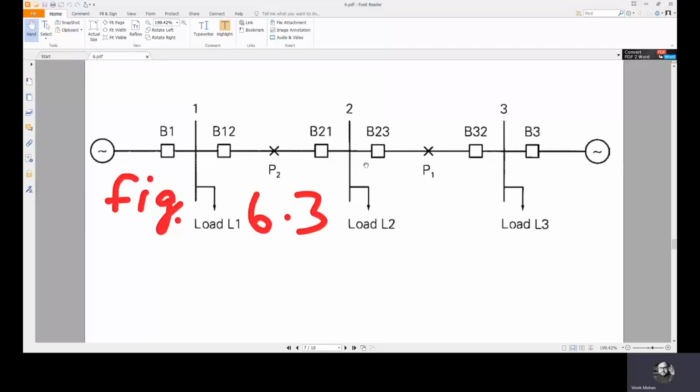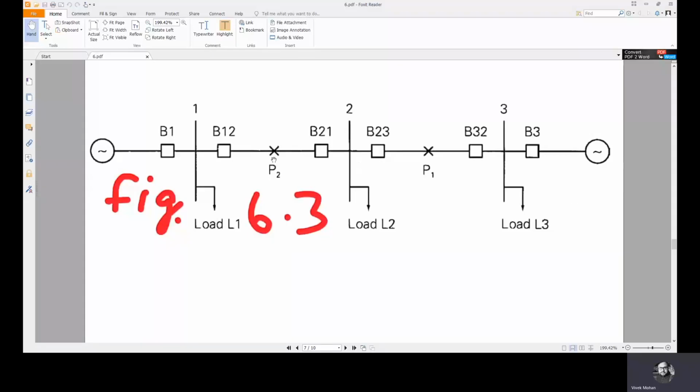Because if the fault is at P1, if B23 is faster and B12 is slower with respect to B23, then only B23 and B32 will be able to clear this fault. Clear in the sense will be able to isolate this line 2-3 and nullify the effect of the fault at P1 so that L1, L2 and L3 will be supplied.